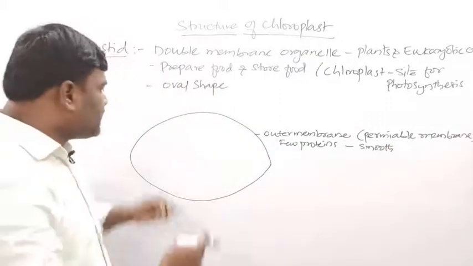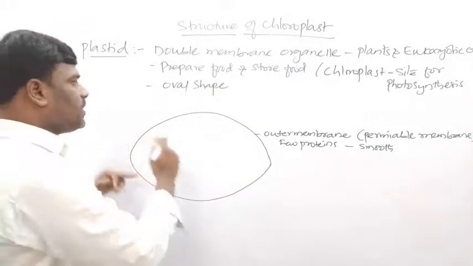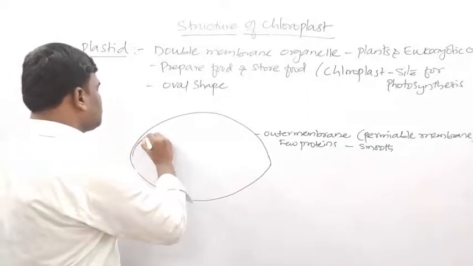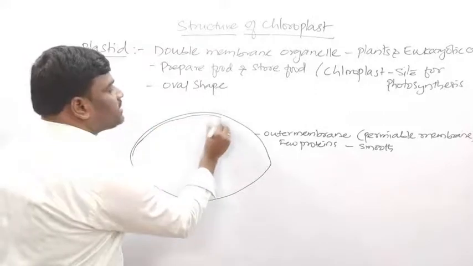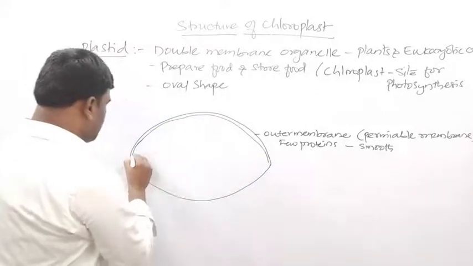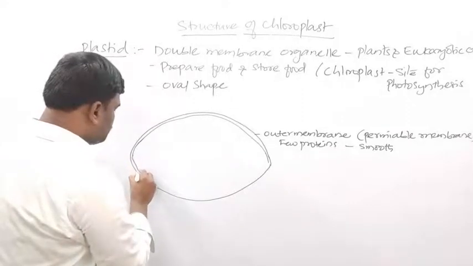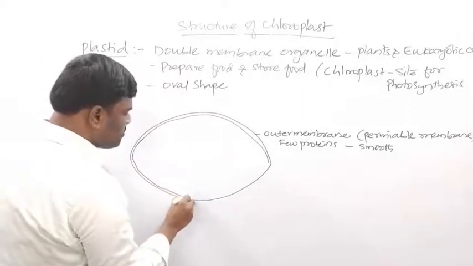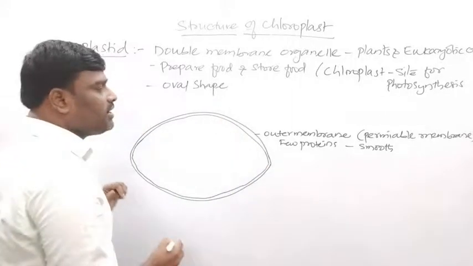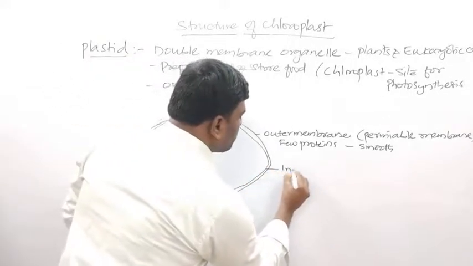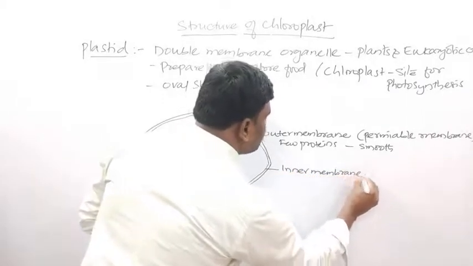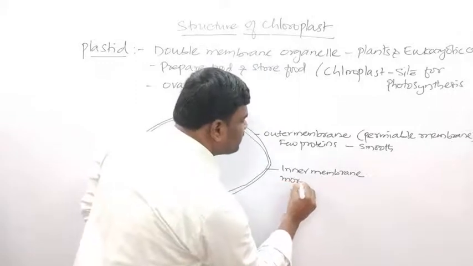Got it? And next let us see the other membrane which is seen inside, children. This is called the inner membrane. Got it? This is the inner membrane, and it has more proteins.